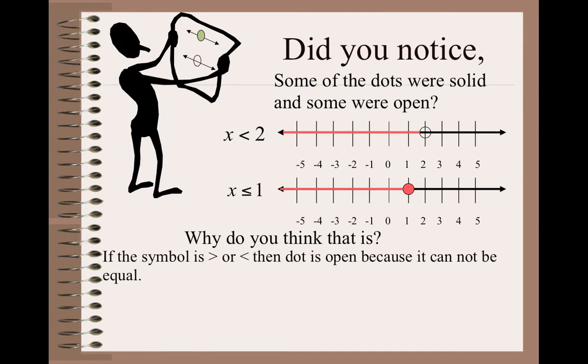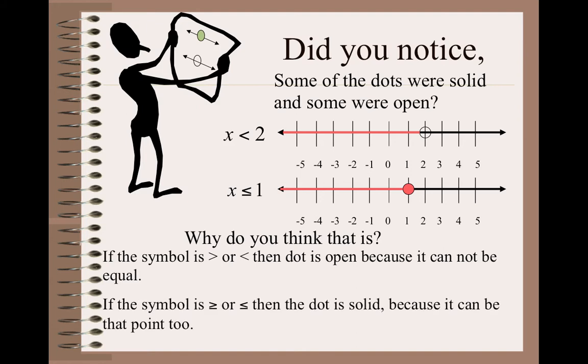Now, did you notice some of the dots were solid and some were open? Like this one, x is less than 2, open yon. While the other is x less than or equal to 1, shaded siya. So, why do you think so? If the symbol is greater than or less than, the dot is open because it cannot be equal.